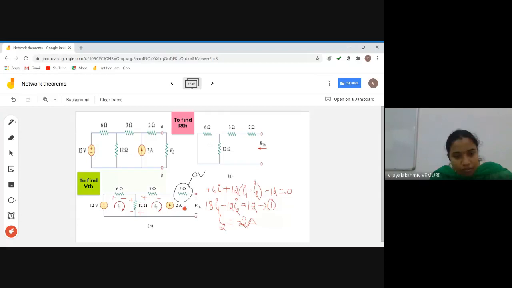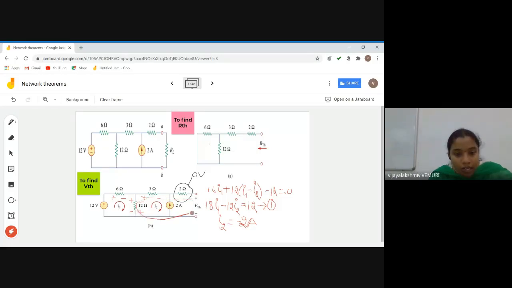Whenever you try to find out VTH, you need to check the loop where the positive and negative both are connected. That means it starts from here, goes through this loop and then it ends at this negative. That means the voltage across this open circuited terminals is nothing but the drop across 3 ohms as well as 12 ohms. Then only this is completed.